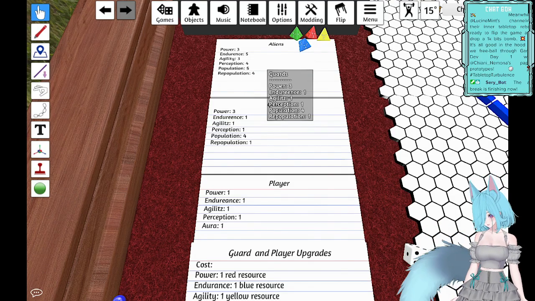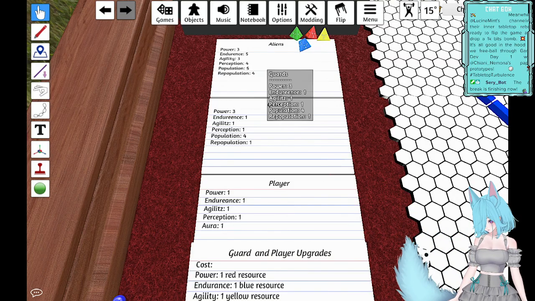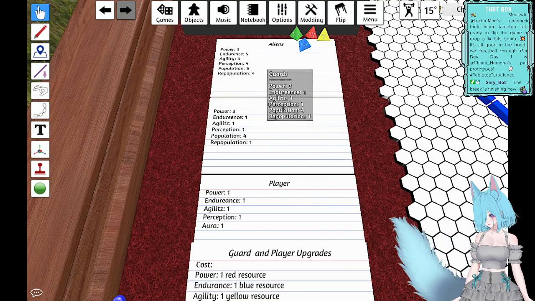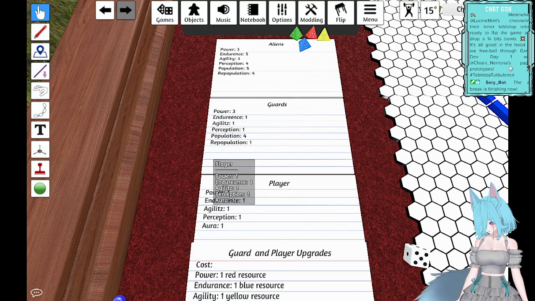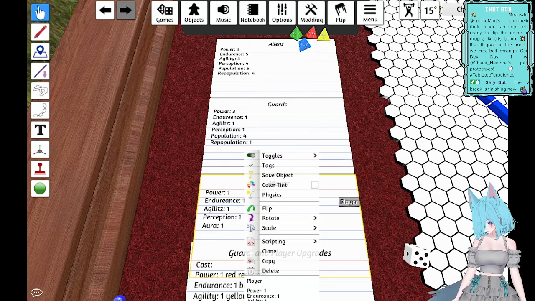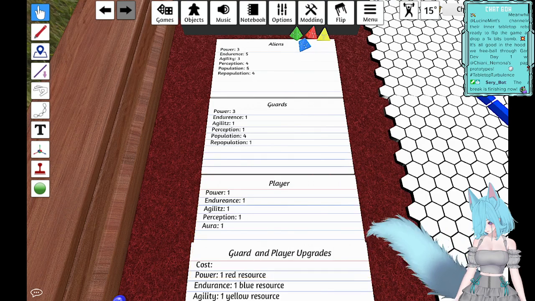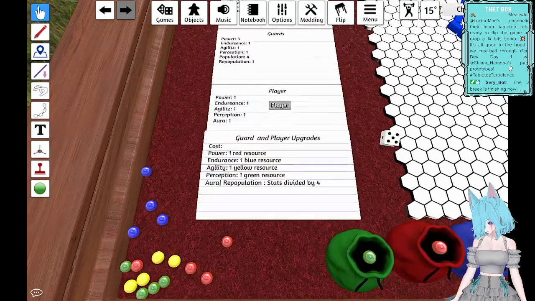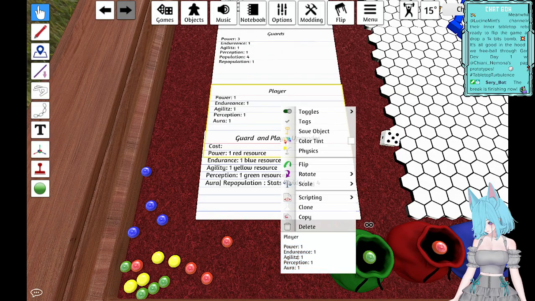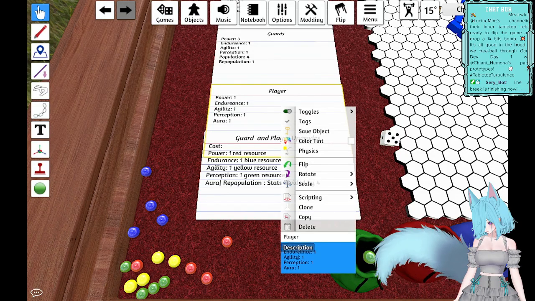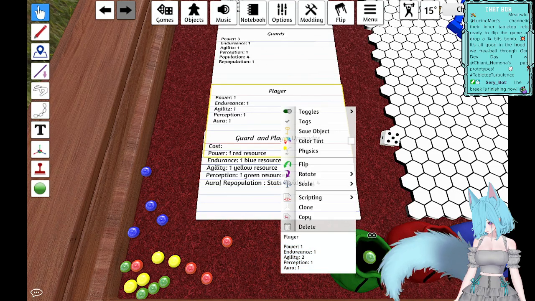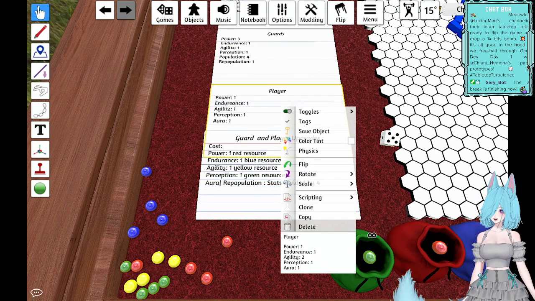Then again, no, we're not gonna. I give myself one agility. So, agility. Which now effectively doubles our movement.